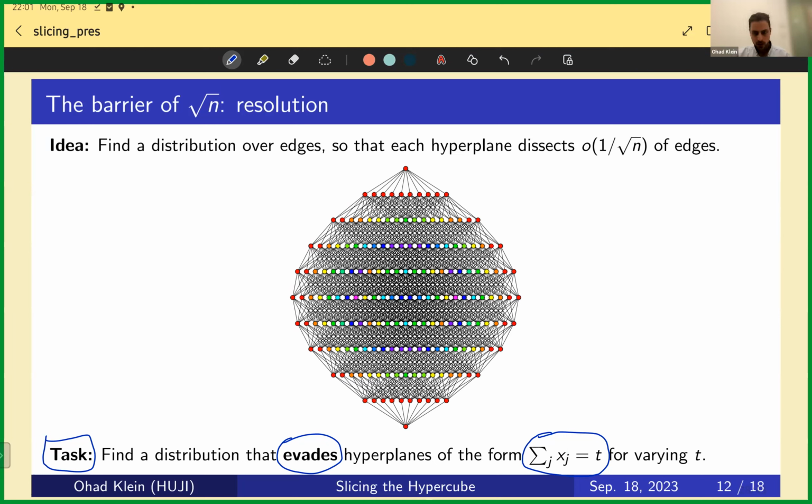So we need to find a distribution over edges that are unlikely to cross any specific set of hyperplanes. So do you have such a distribution?